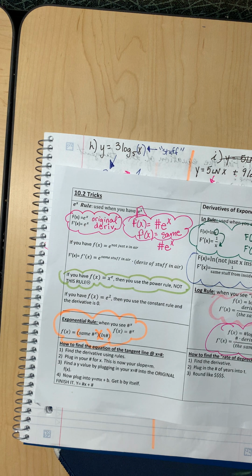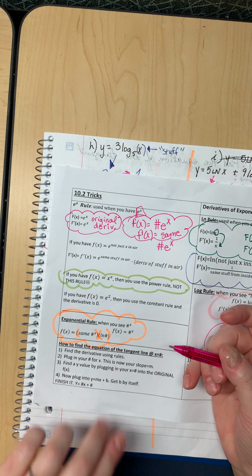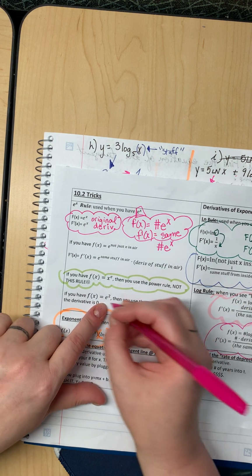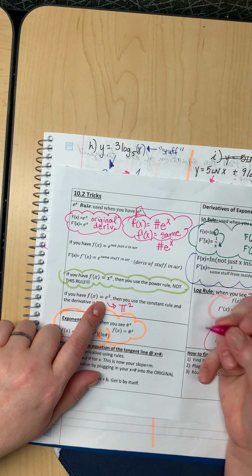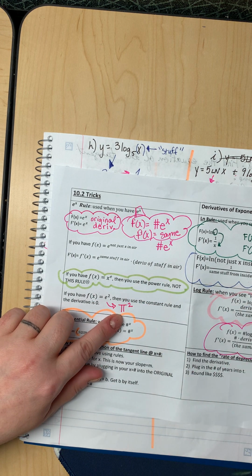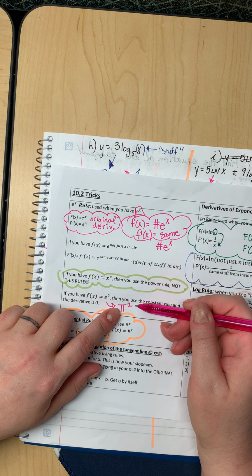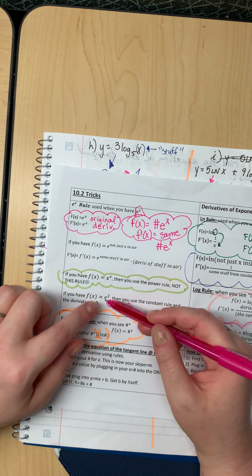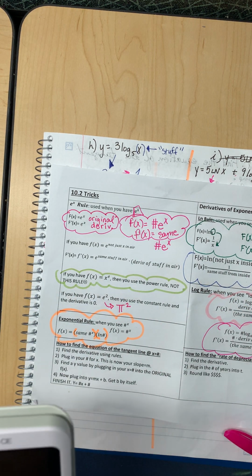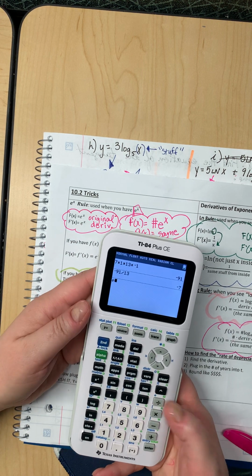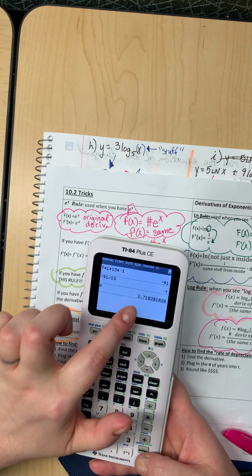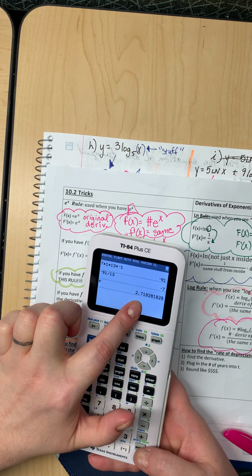So the letter e is just a symbol that represents a number. Euler's number, that's like 2.7 or something. So e to the number is kind of like saying pi to a number. You know how pi is just 3.14? Well, if you square that, it's still a number. Same thing for us. The letter e is just a number. It represents 2.71.